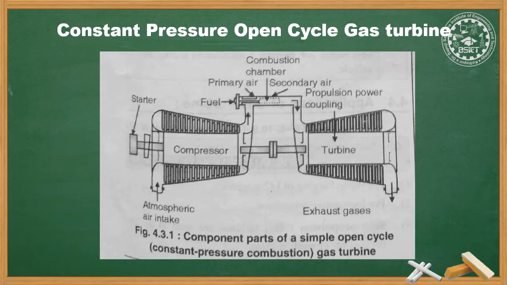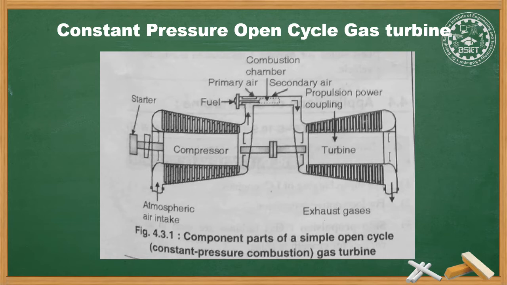Part of the power developed by the turbine must be utilized to drive engine accessories as well as the compressor, as the turbine and compressor are mechanically coupled. So the net work is equal to the difference between the work done by the turbine and the work required to drive the compressor.